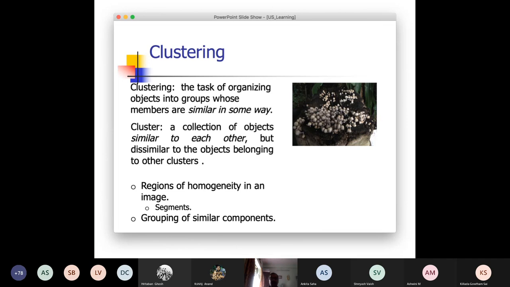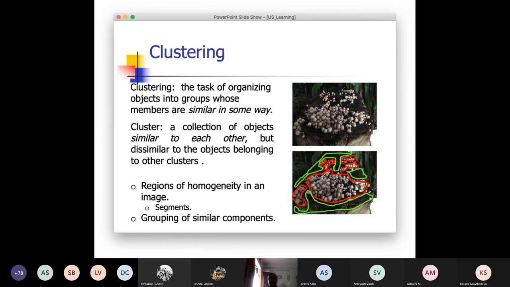So you can see that you can have two types of objects, mushroom and the biomass, ignoring the presence of other objects. Primarily, these are the two objects in the scene, and it is not that those regions are connected. There could be several, but overall there are two such objects, two such clusters.